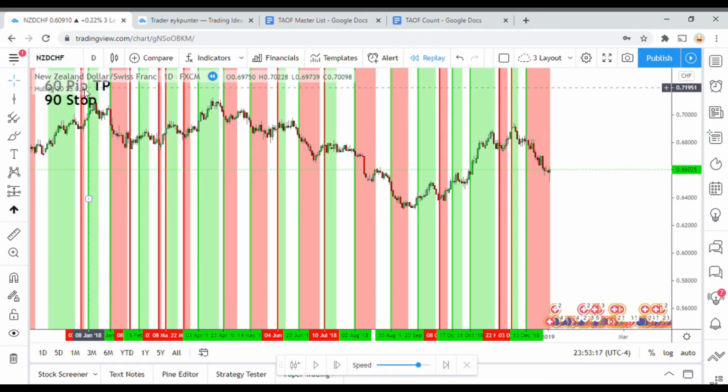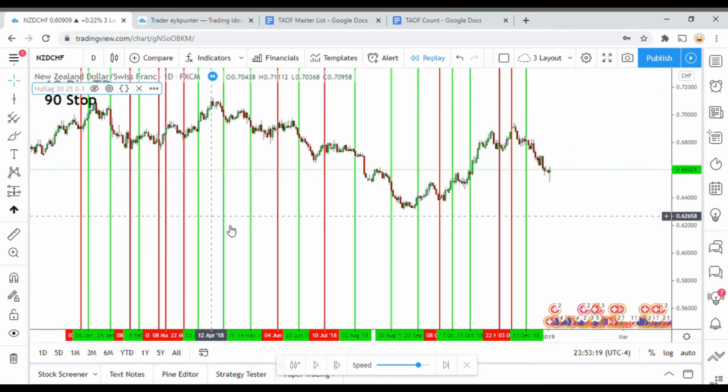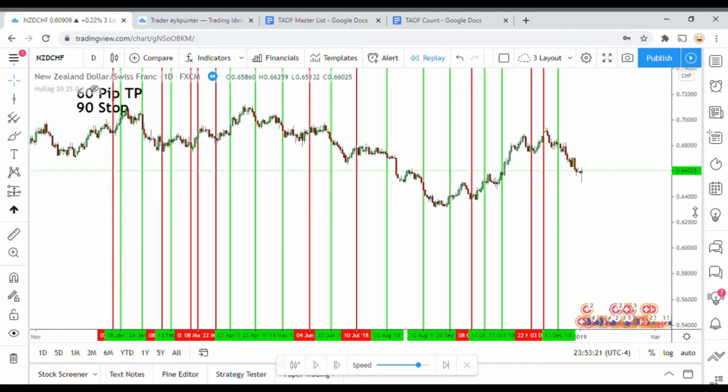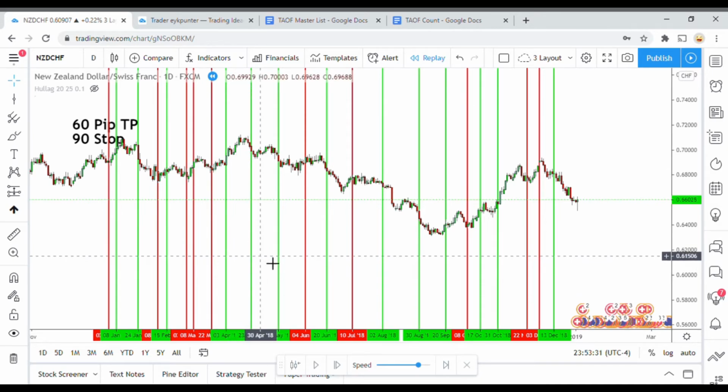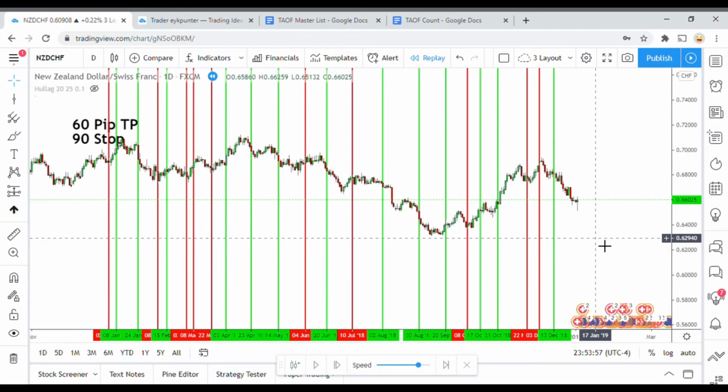All right, so there we have it. To make things a little bit easier to see, we are going to turn off our indicator and we're going to count them out here. So 1, 2, 3, 4, 5, 6, 7, 8, 9, 10, 11, 12, 13, 14, 15, 16, 17, 18, 19, 20, 21, 22, 23.